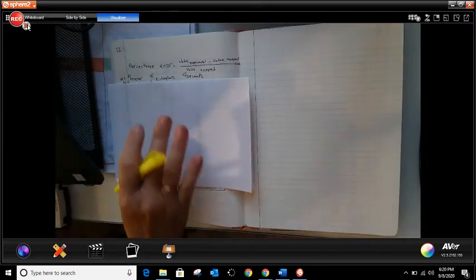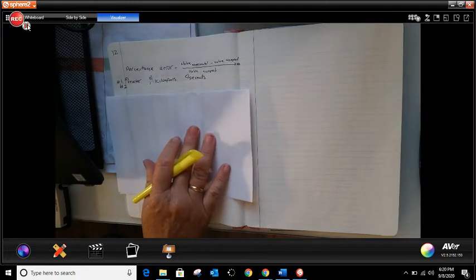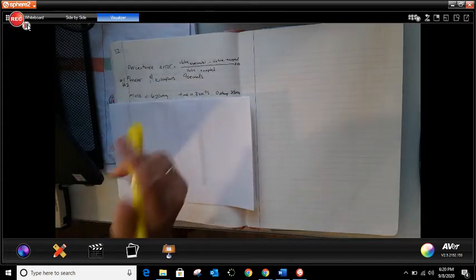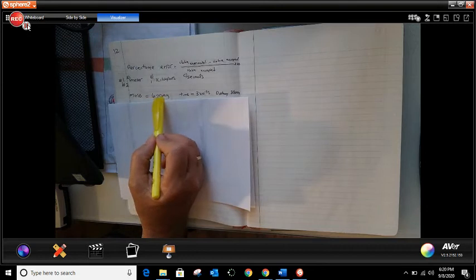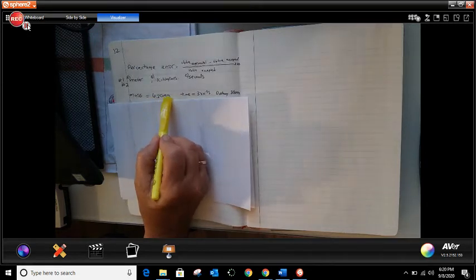Number 2 says, express the following measurements as indicated. The first one is a mass of 6.2 milligrams, and they want to make sure that you put it into kilograms.